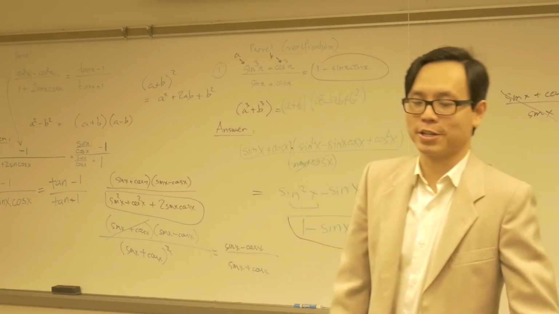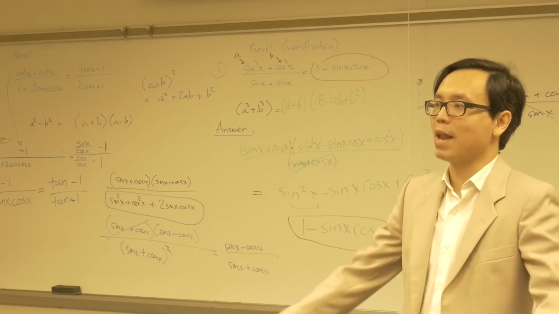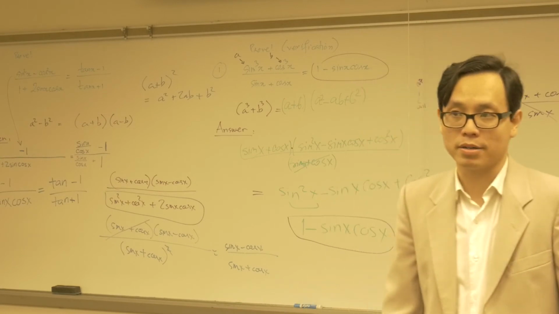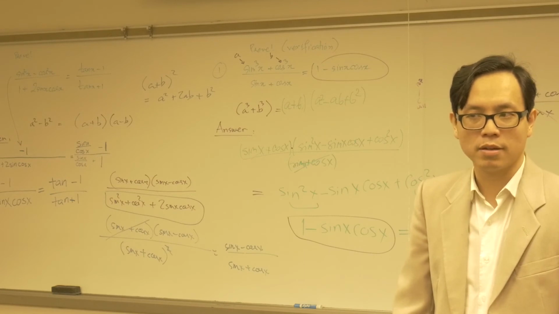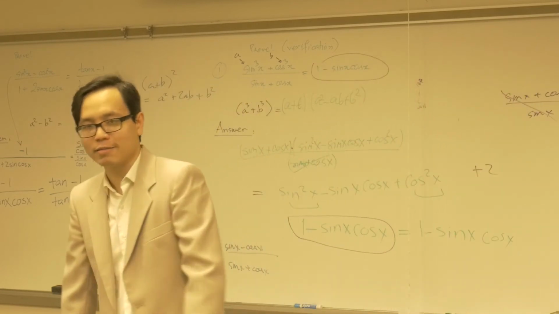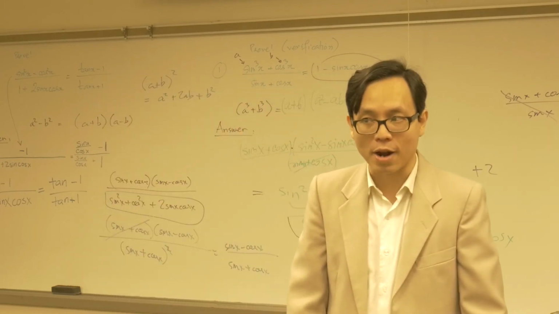If I give you an equation, and I multiply both sides of the equation by a number, do you think it changes? No. If I divide both sides by a number, do you think it changes? No, right?